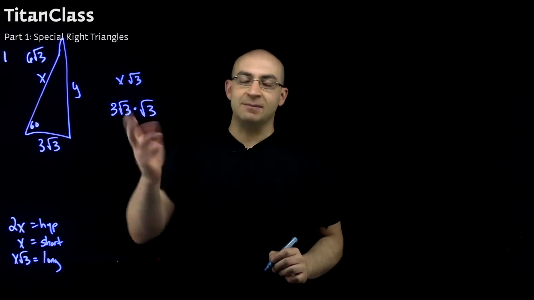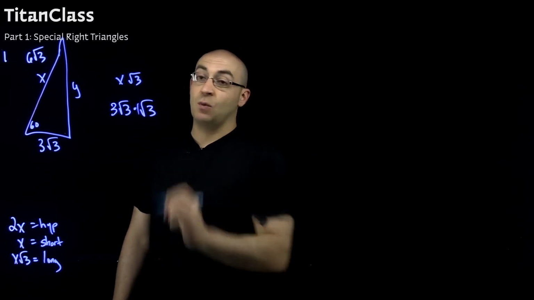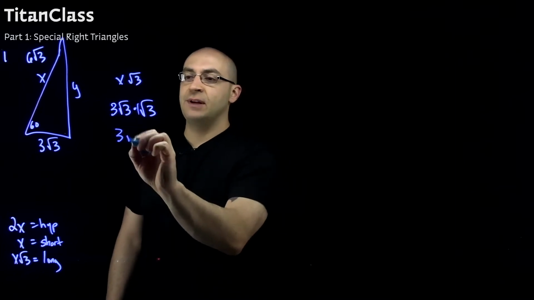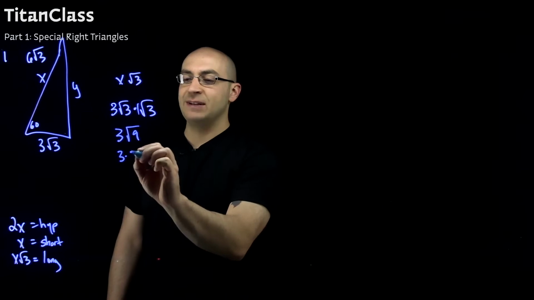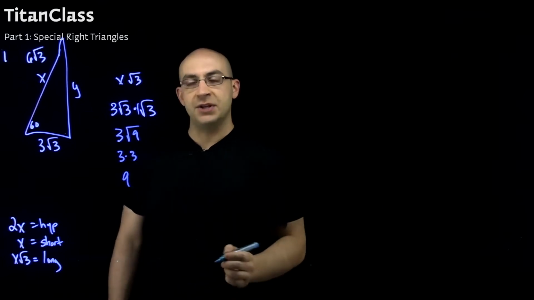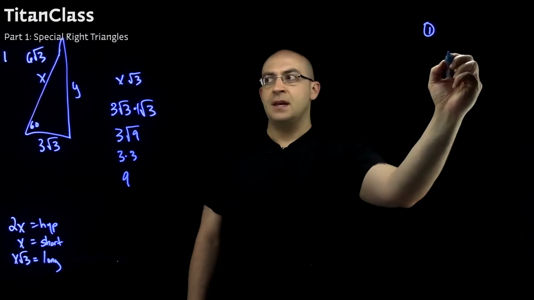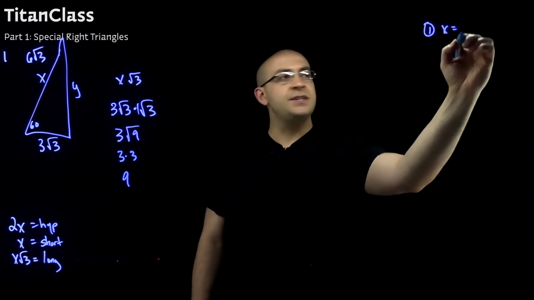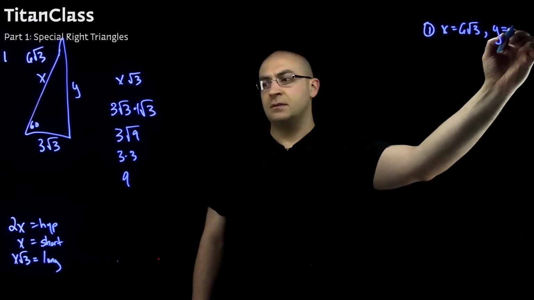Now, I have to multiply these two things together, obviously, to simplify. So 3 root 3 times, that's a 1 root 3, is going to give me 3 root 9. But we know what root 9 is, it's 3. So this is going to be 3 times 3, which is 9. So my answers for number 1 is x equals 6 root 3 and y equals 9.